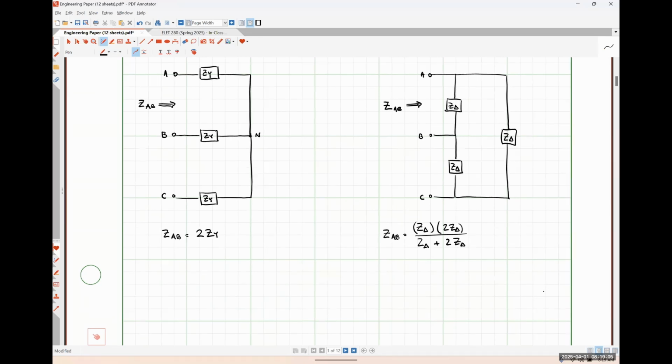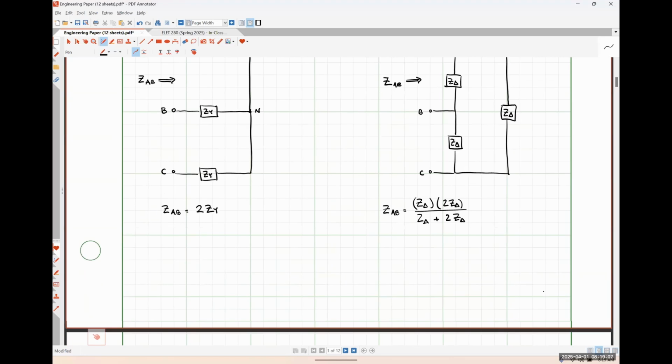If I set these ZABs equal to each other, actually, let me go on and flesh this thing out a little bit more. So Z delta times 2Z delta is going to look like 2Z delta squared. And Z delta plus 2Z delta is going to just look like 3Z delta. Everybody okay with that simplification?